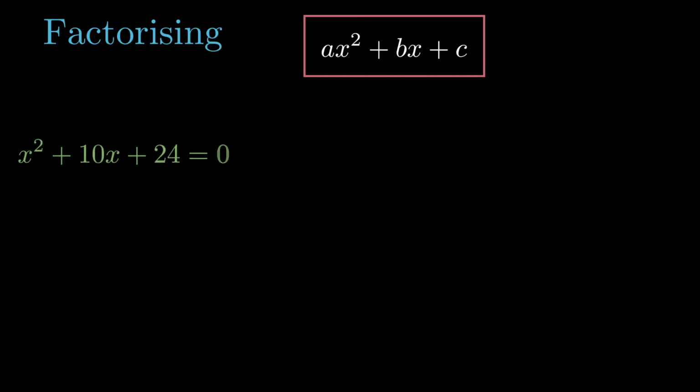The second example is x squared plus 10x plus 24 equal to 0. So it's the same steps as before. We get a is equal to 1, b is equal to 10, and c is equal to plus 24.